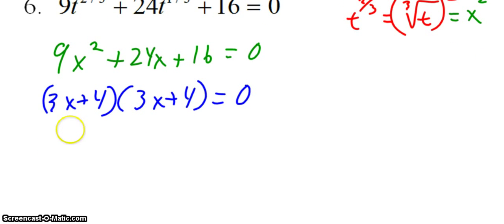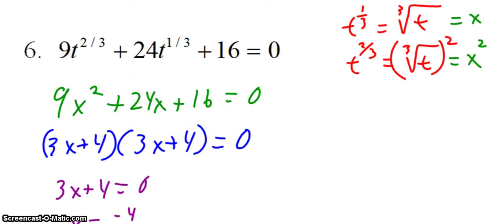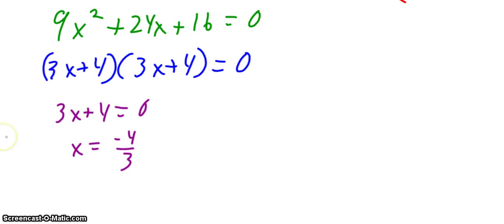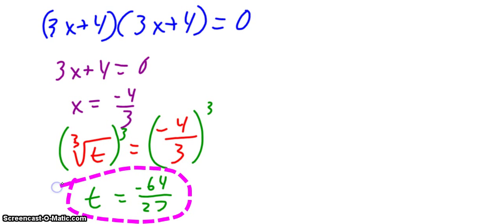Now I can set each factor equal to 0. But x is the cube root of t. So now we cube both sides and we get our answer. So we get negative 64 over 27.